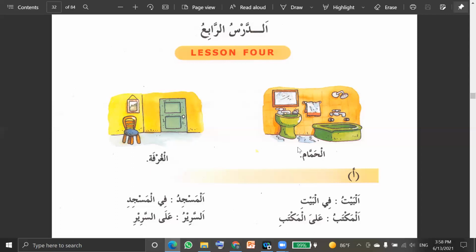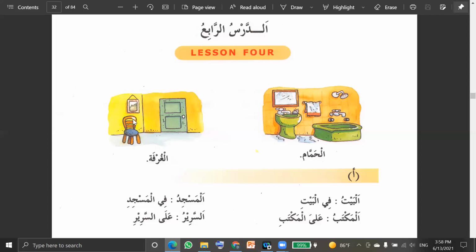Okay, let's start. Can you see the picture? What is this? Bathroom. So what's the word for bathroom in Arabic? Al-hammam. Al-hammamu. And what is this?